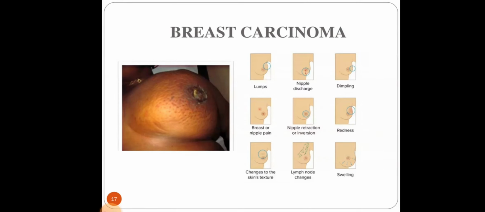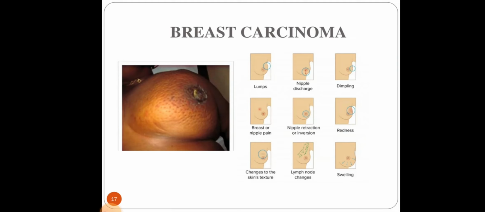Then another important thing is the TNM staging. We have discussed the TNM staging earlier also. So here in case of TNM tumor, T0 means no evidence, T1 is 2 centimeter size, T2 is 2 to 5 centimeter, T3 more than 5 centimeter, T4 extension to chest wall and skin.